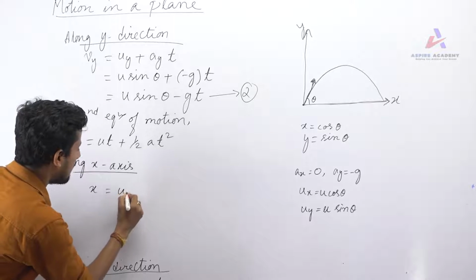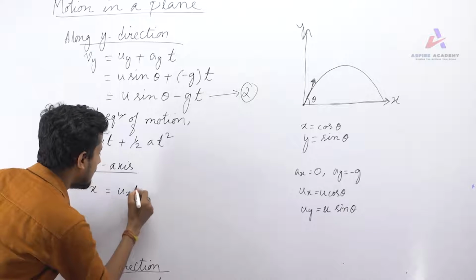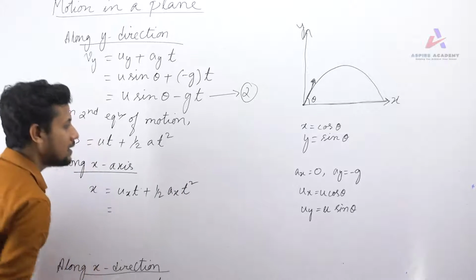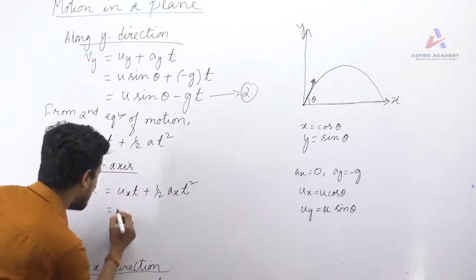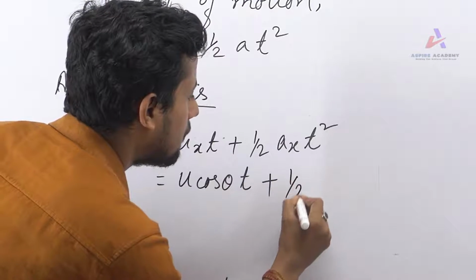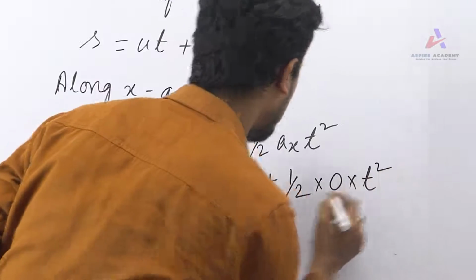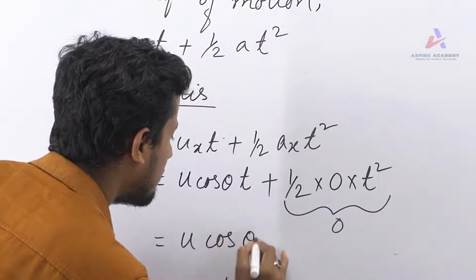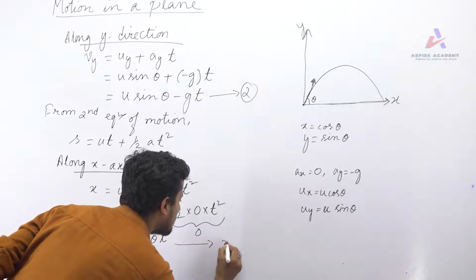We would rather write it as ux t plus half ax t square. What is ux? In the beginning we defined it as u cos theta, times t, plus half, what is ax? 0, into t square. So this whole term will become 0. So along the x-axis the distance covered is u cos theta t. We will give it as equation 3.